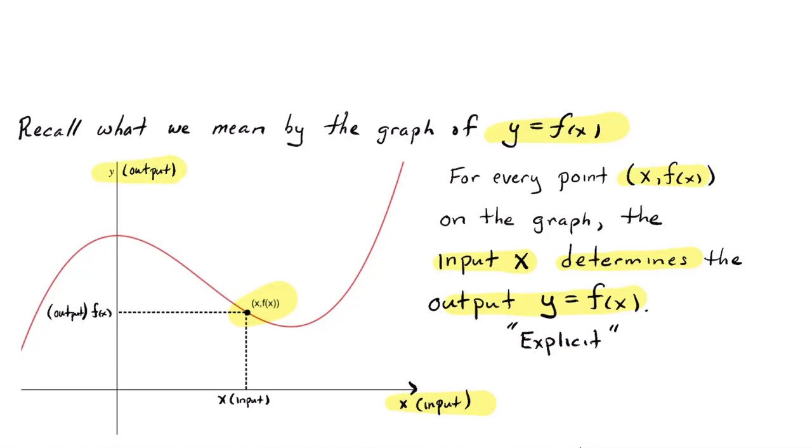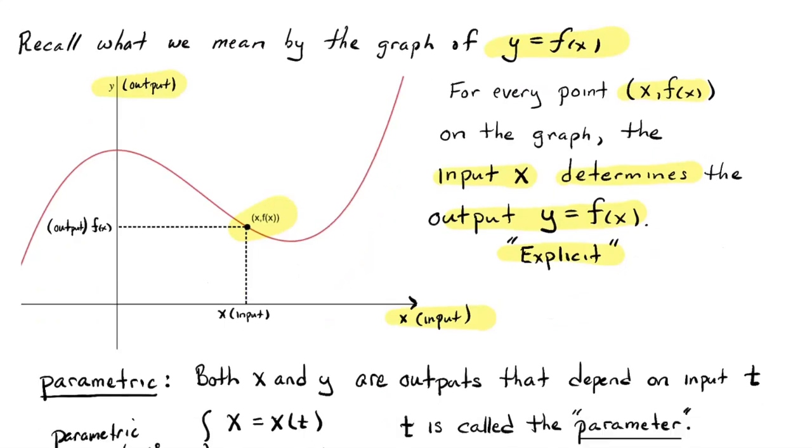And this graph, this curve in the plane, is a picture of that dependence. So that's what we mean by the graph of a function. And by the way, that second coordinate y, we've used this terminology before, explicitly depends on x. If you tell me the x value, that function tells me the y value. It's an explicit relationship between y and x.